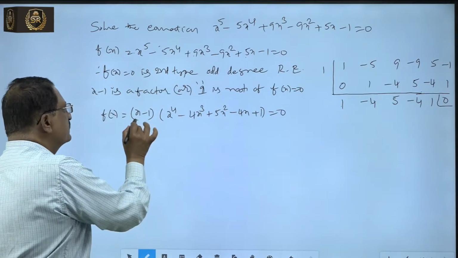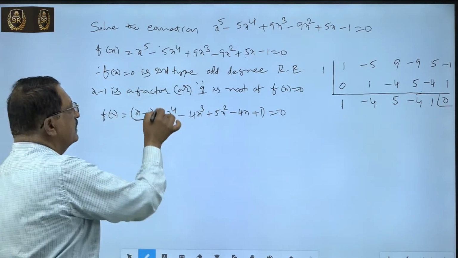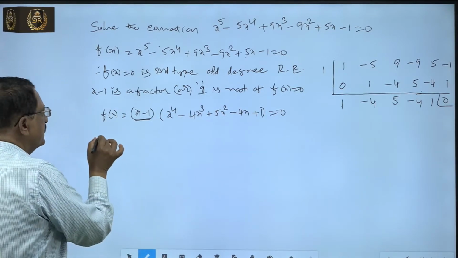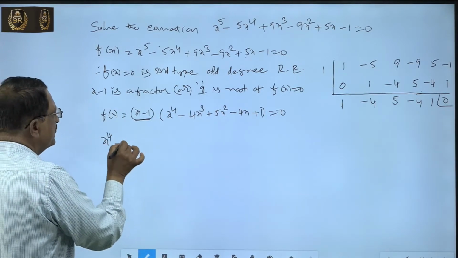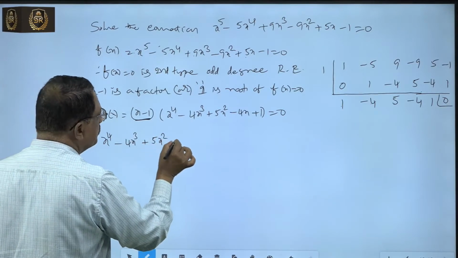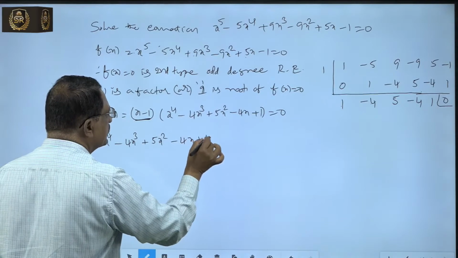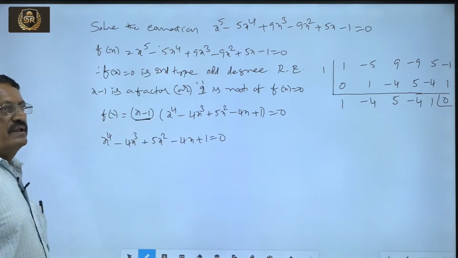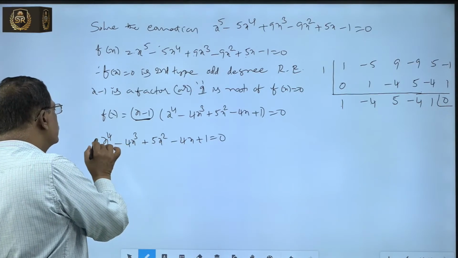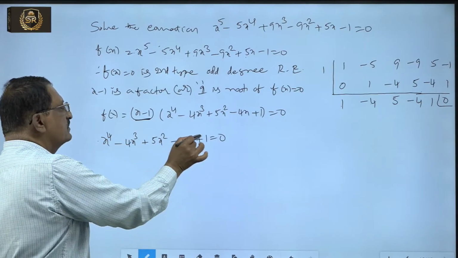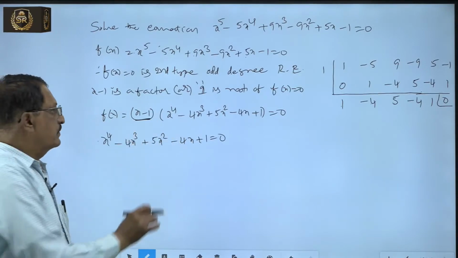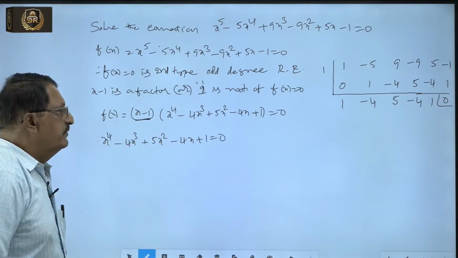Now, one root is x equals 1. We require the other roots of this fourth degree equation: x to the power of 4 minus 4x cube plus 5x square minus 4x plus 1 equals 0. Observe it: the coefficient of x to the power 4 is 1 and the constant is 1, the coefficient of x cube is minus 4 and the coefficient of x is minus 4, and the coefficient of x square is 5, any value.